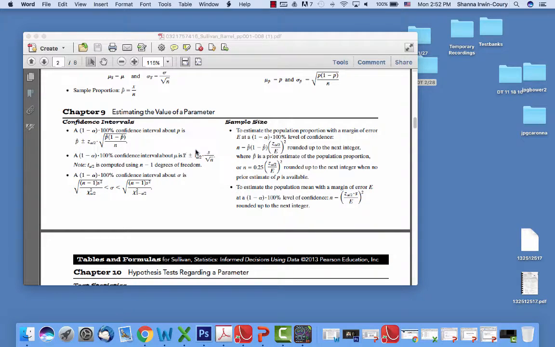So this is the confidence interval for a mean, because then it's t or z for the sample. You could still have had z here and sigma there. This is if we don't have sigma.